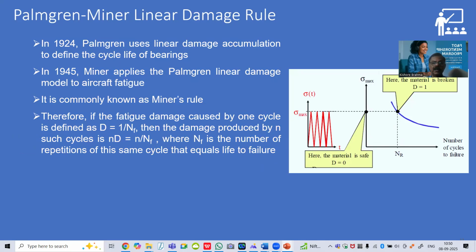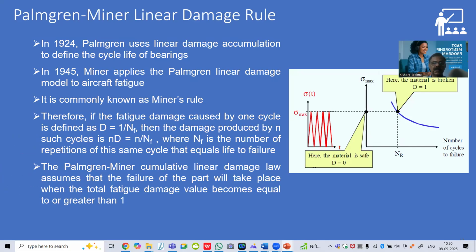So usually Miner's rule says that failure of the part will take place when the total fatigue damage value becomes equal to or greater than 1. The subscripts are defined as the number of blocks or number of cycles the structure can experience at different stress levels. Thank you.